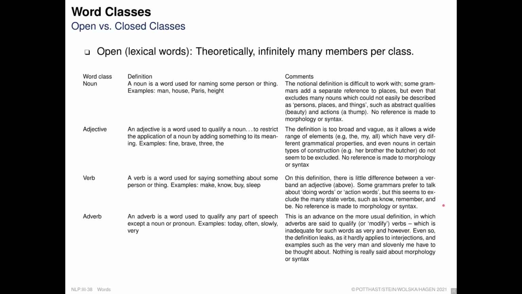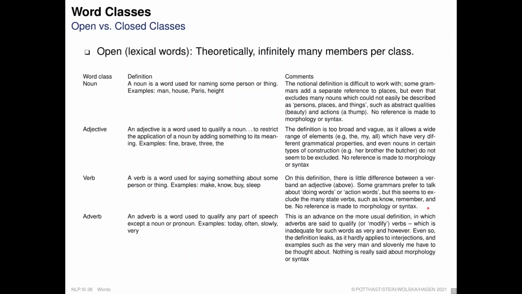But if it just says something about a person or thing, then it doesn't look much different from an adjective. So the emphasis in the case of verbs in most grammars is on actions. The verbs will typically denote actions, but there are grammars that consider verbs on a par with adjectives and don't see much difference between them.